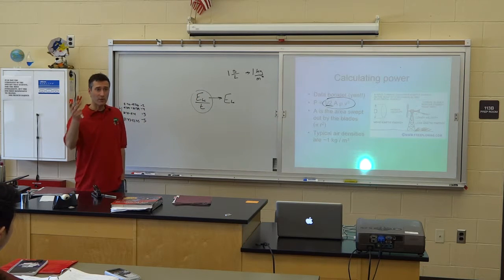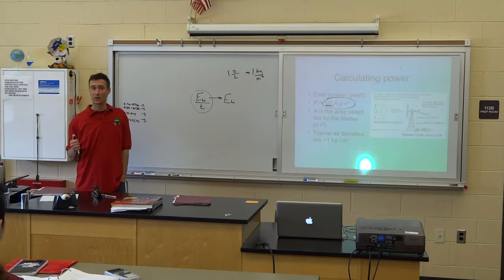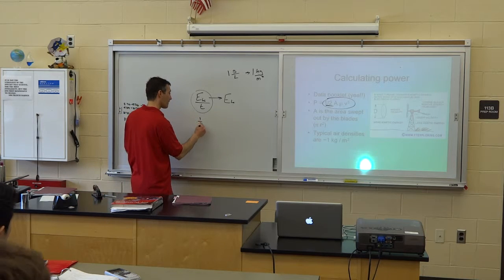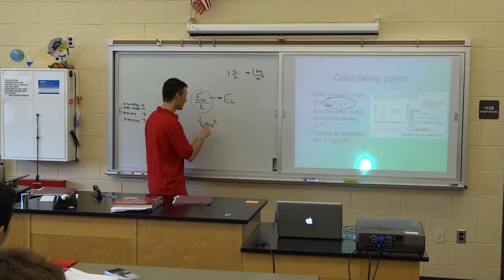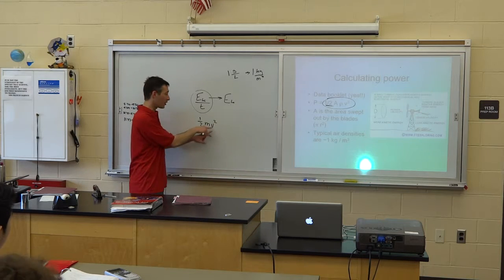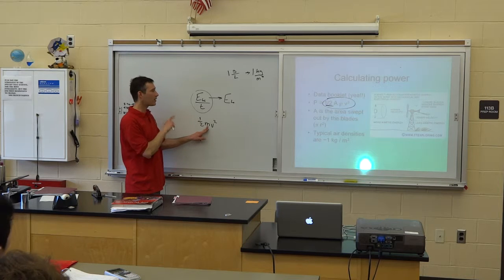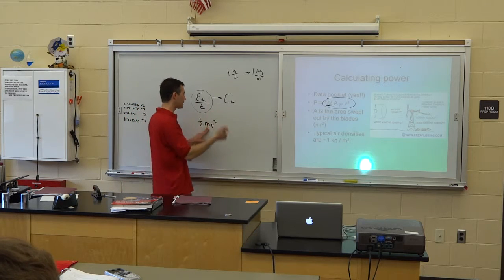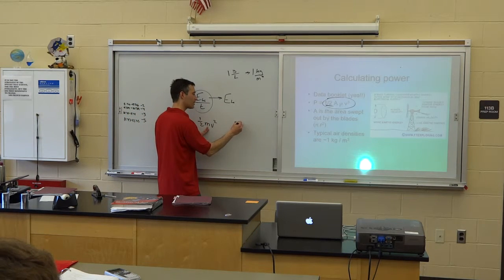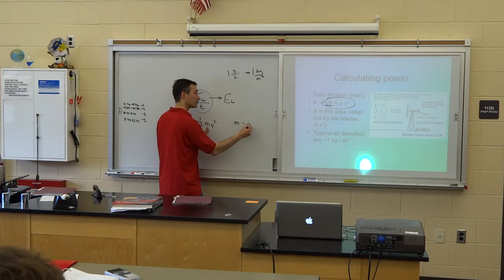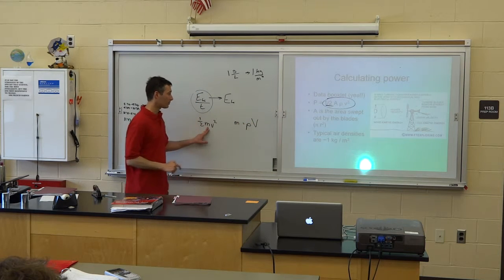So how do we find kinetic energy? 1/2 mv squared. Okay, well there's our half. There's 2 of our 3 V's. And then mass is related to density. We said last class that mass is density multiplied by volume.